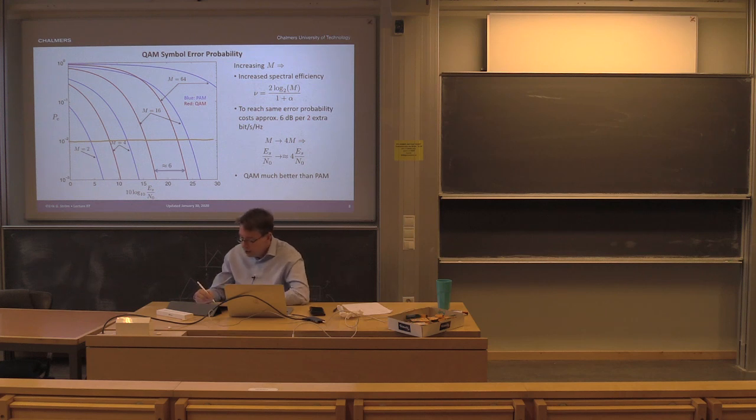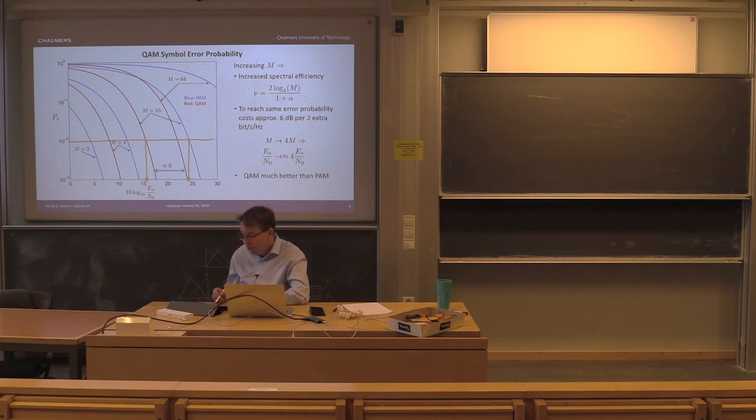So if we compare 16 QAM, we need an SNR here, which is a little bit more than 15. I'm not sure exactly what it is. And then if we take that for PAM here, we need this SNR. And as it turns out, here there's a substantial difference between this.